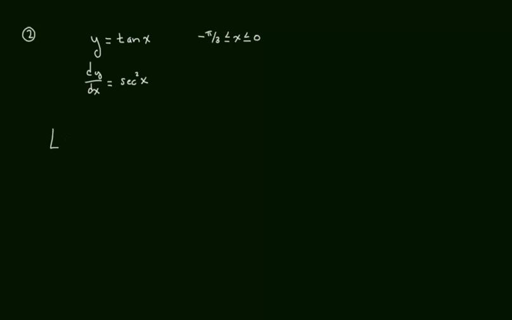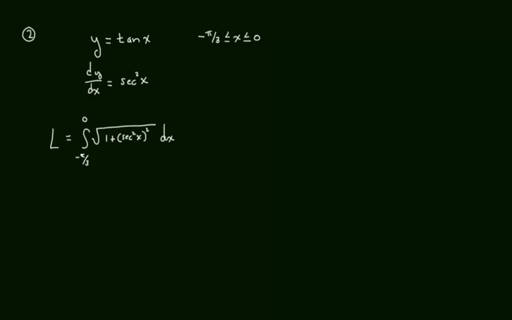So now my length equals the integral from negative pi over 3 to 0 of the square root of 1 plus the secant squared x is the derivative, and we'll have to square that. Outside we have the dx.